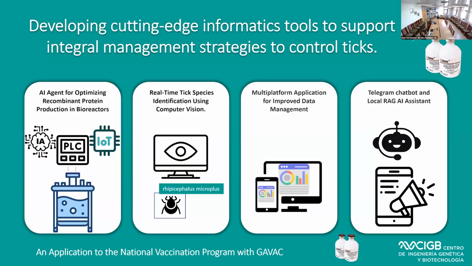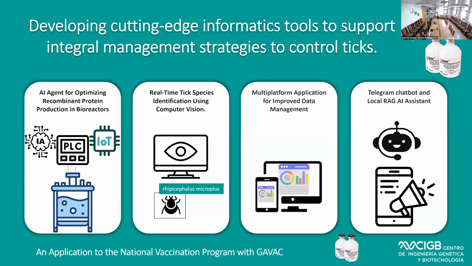As I say, our focus is on 4 main applications. The first one is the development of AI agents for optimization of recombinant protein production in bioreactors. The second one is an app for real-time tick species identification and classification using computer vision.